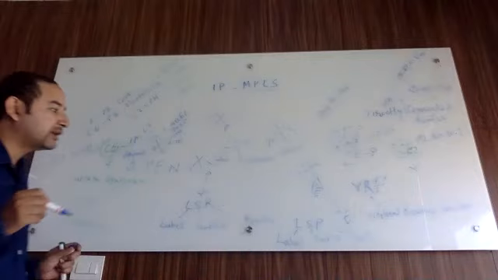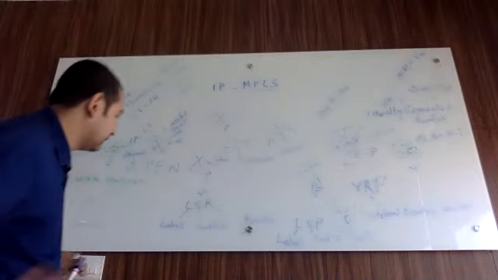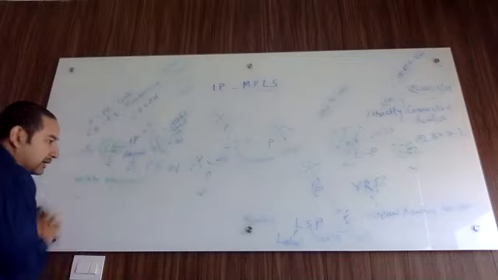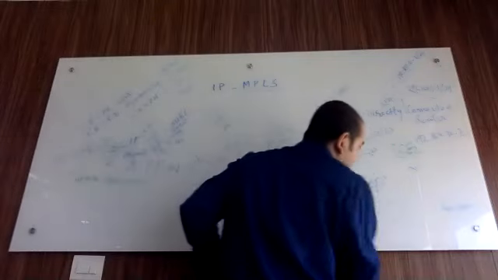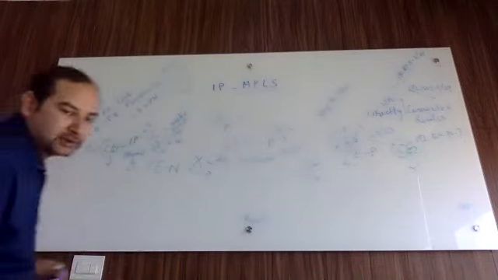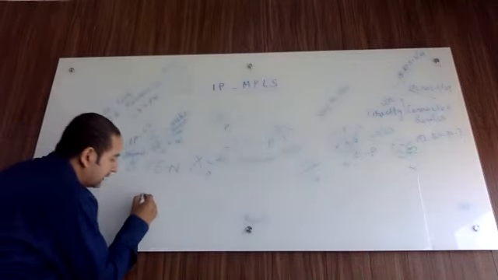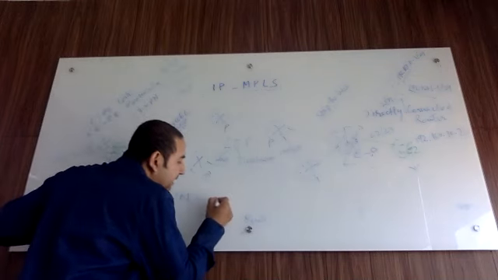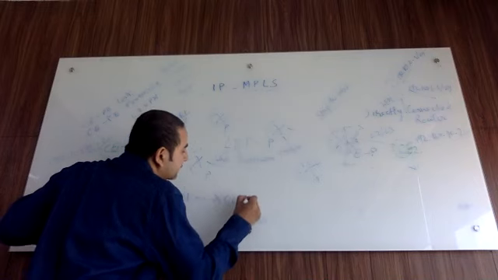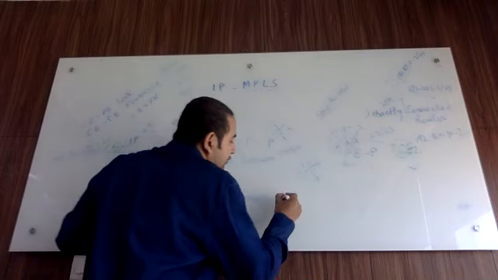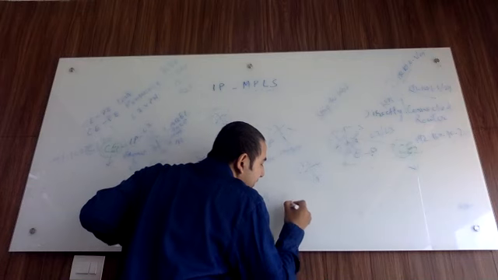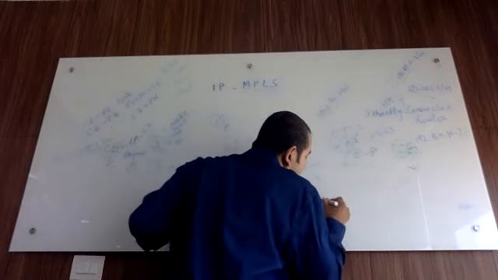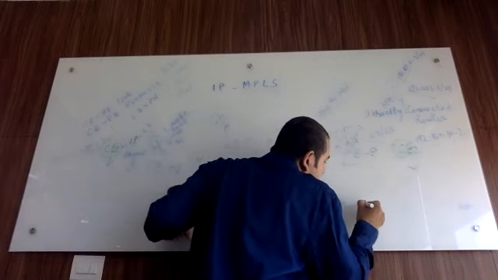So in case of L2 VPN, you can have a direct X connect pseudo wire tunnel. I'll just write it here.